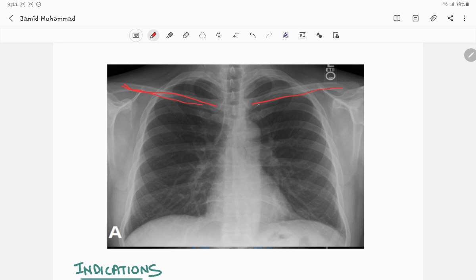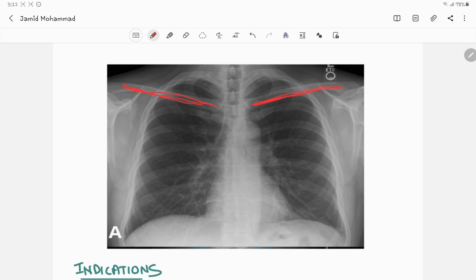The clavicles should be positioned exactly like this. They should not go up or down, and there should not be any disturbances in the angle of the clavicles.